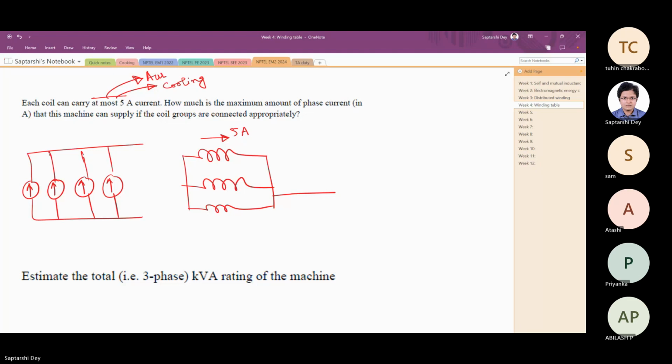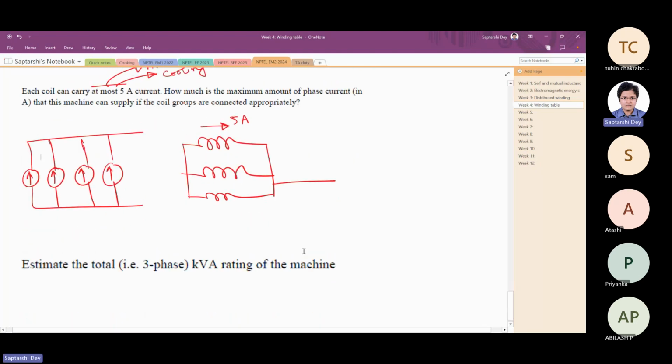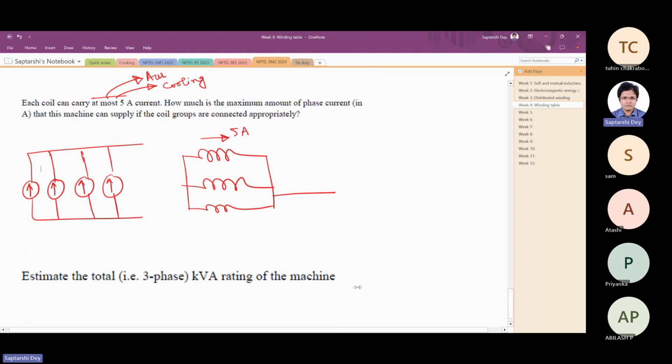Since they are of equal values of current, you can have them in series also. Unequal current sources you cannot connect in series. Unequal voltage sources you cannot connect in parallel. I'll try to have this current source voltage source discussion sometime in this course. Very interesting.